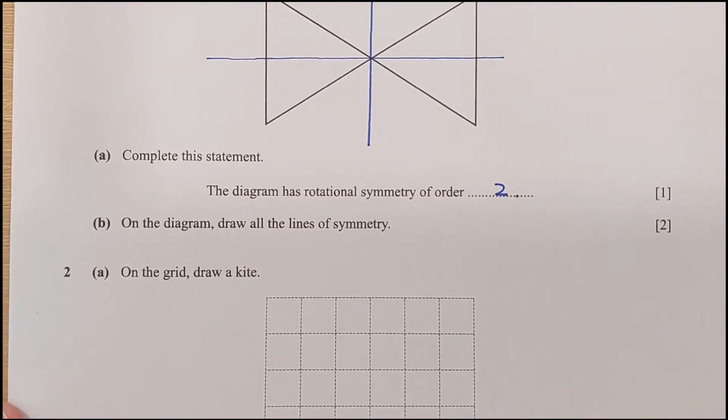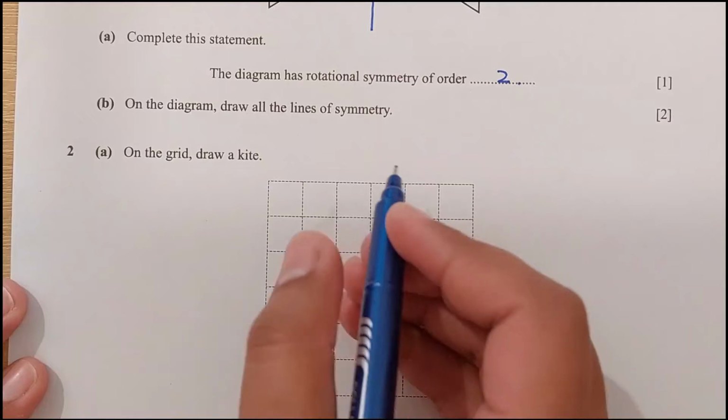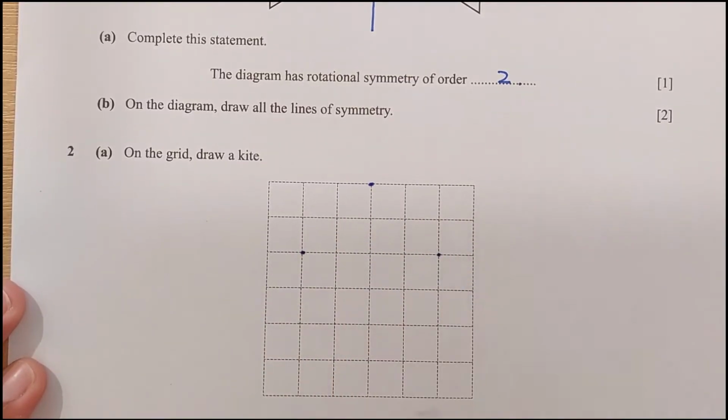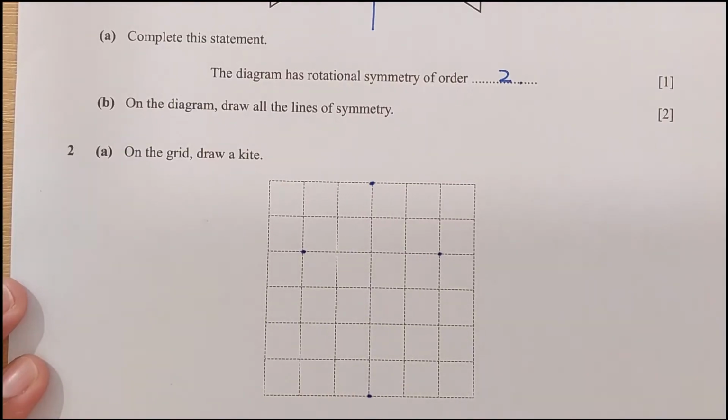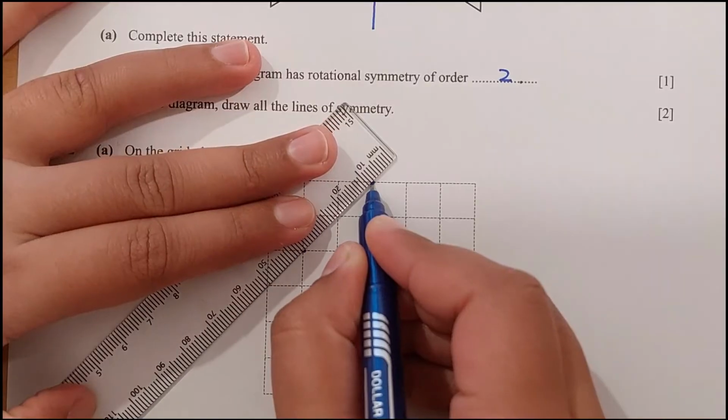Now for question number 2, A part, on the grid draw a kite. Okay, so we have to draw a kite. So if I start from this point and this, okay, let me draw this. So this is a shape of a kite.